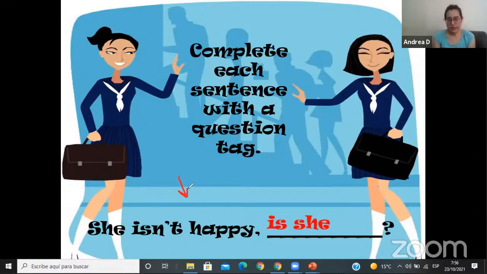It's a negative question, so I don't think it has the same meaning. I mean, it doesn't have the same implication maybe. So isn't she happy? It will be more like, ¿no te parece que es feliz? Or wouldn't you say she's happy? Something like that, I think.